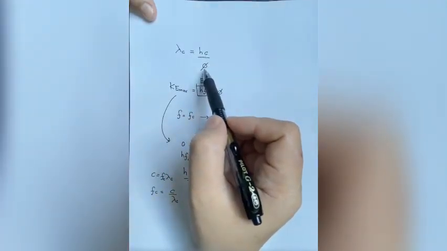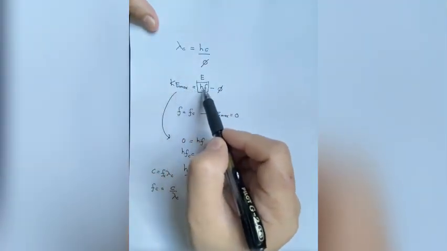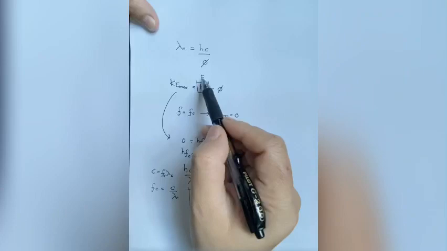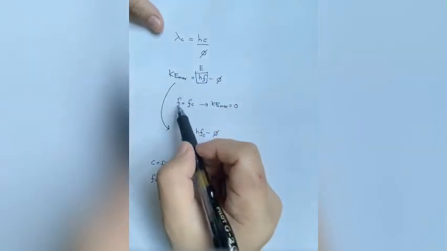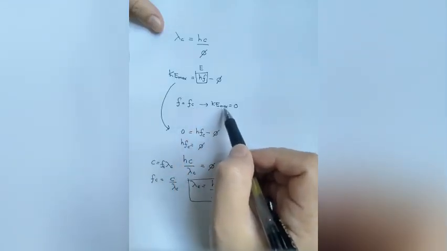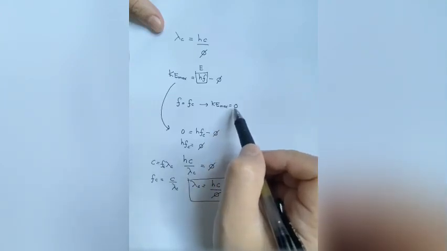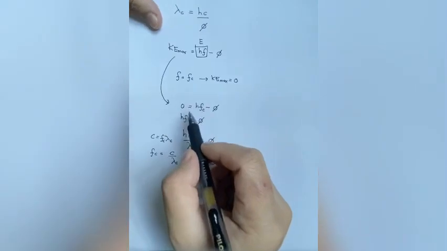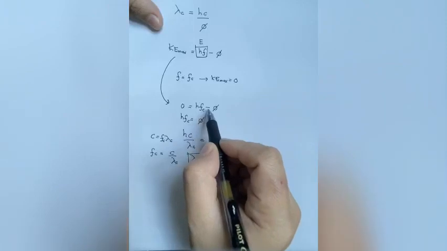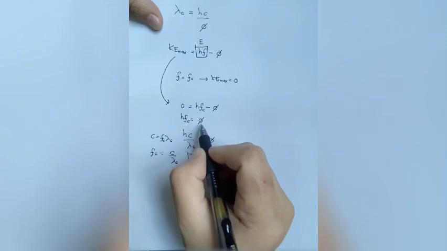Then coming from the previous formula, Ke max is equal to hf minus the work function, where hf is the energy. When your frequency is equal to the cutoff frequency, your Ke max becomes 0. Substituting, 0 is equal to h fc minus the work function, so h fc is equal to the work function.